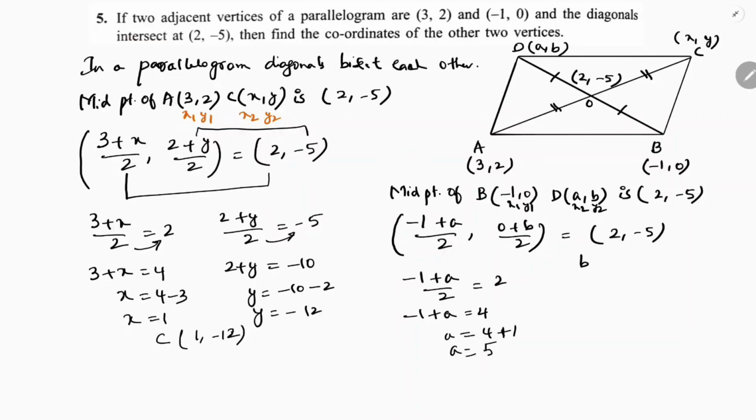And for the b value, b by 2 is -5, so b equals 2 into -5, that is -10. So the point D is (5, -10).